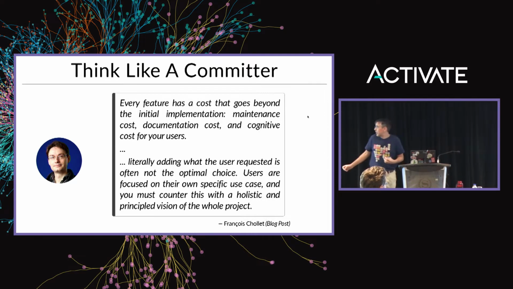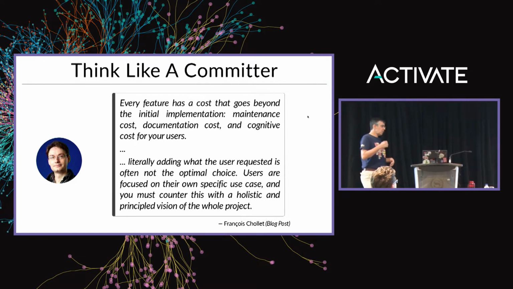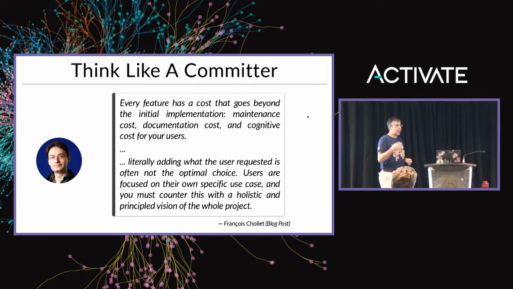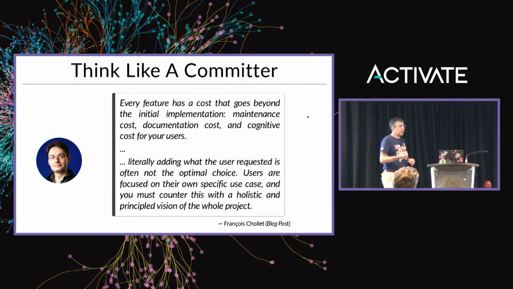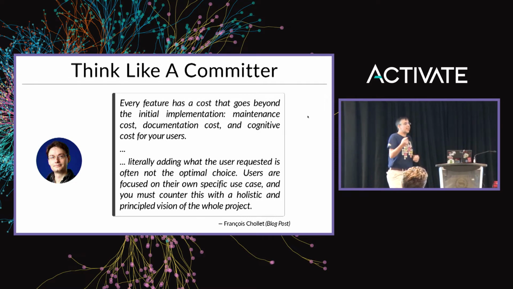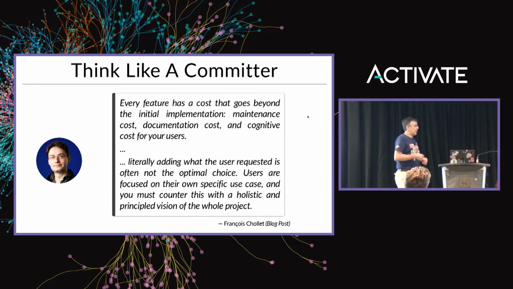And he really nailed it because his point was that code always has a cost, right? Functionality has a cost. It's not just about what it takes to write a piece of code and add it to your project. It's not just about the cost of maintaining that code. It's also about the weight of having that code in your code base and what it means to every other line of code you ever want to add after that, right?